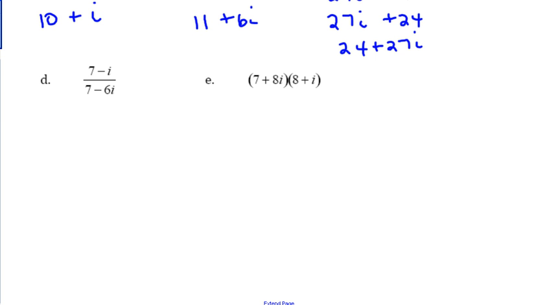Okay, we're continuing with more of the same. Remember, the instruction said perform each operation and simplify and write your answers in A plus BI form. So for D, I have a fraction with 7 minus 6i in the denominator, which means I have a fraction with a radical in the denominator, which is not allowed. Remember, i stands for the square root of negative 1, so I'm not allowed to have that i in the denominator. So the rule is multiply by the conjugate of the denominator.